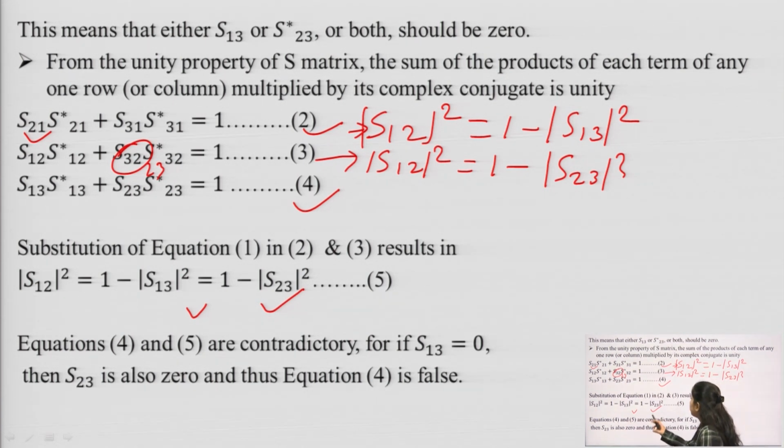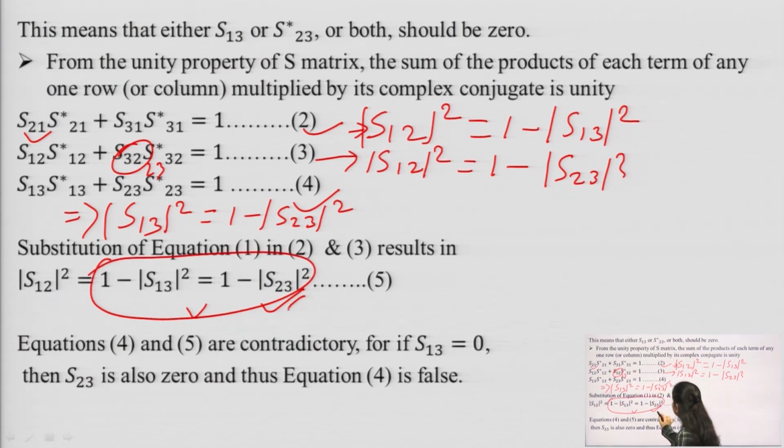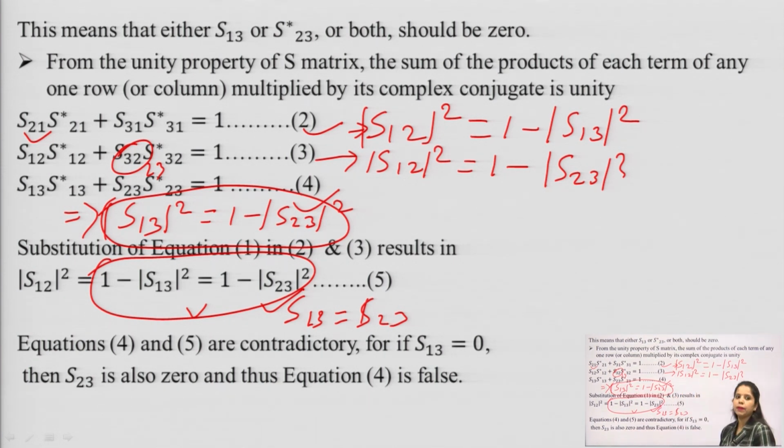Since here what we are getting, and from equation 4 what we are having, S13 should be equal to 1 minus S23 whole square. But here, according to this equation 5, S13 should be equal to S23, but from equation 4, we are saying that it can't be possible. So, equation 4 and 5 are contradictory to each other.